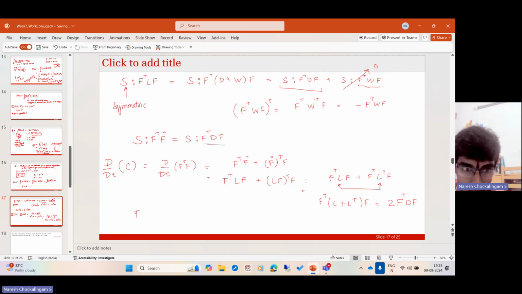So F transpose DF is nothing but C dot by 2.